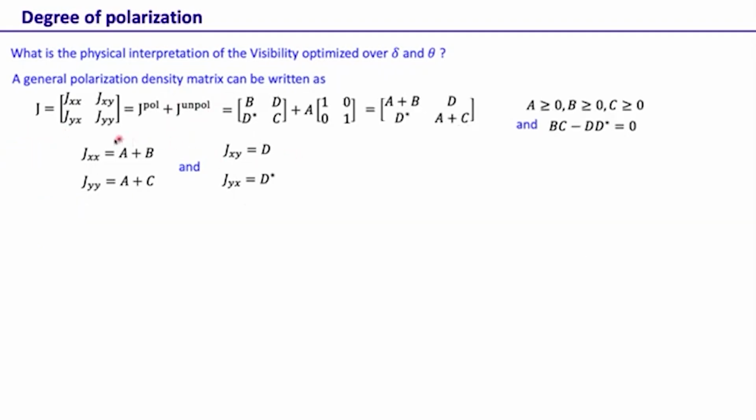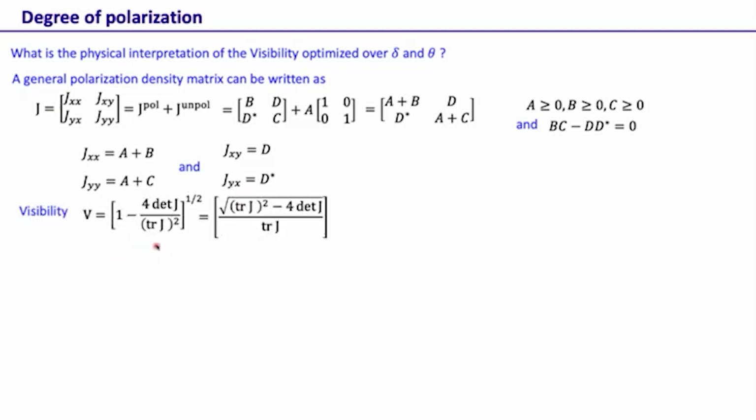Okay, so now that we have that a general polarization density matrix can be written as a matrix corresponding to completely polarized plus a matrix corresponding to completely unpolarized, we go back and look at the expression for visibility: 1 minus 4 determinant J by trace J whole square, raised to the power half.